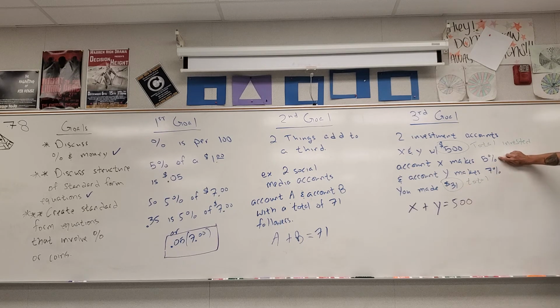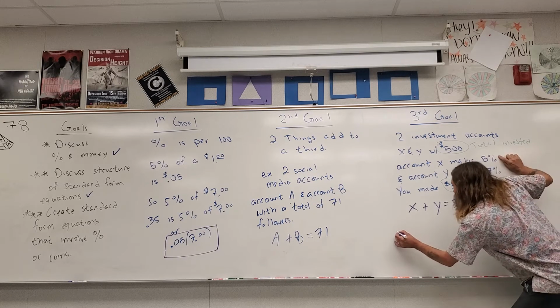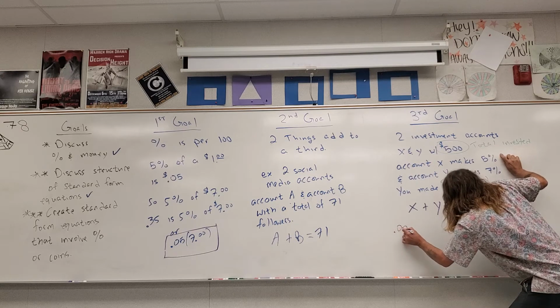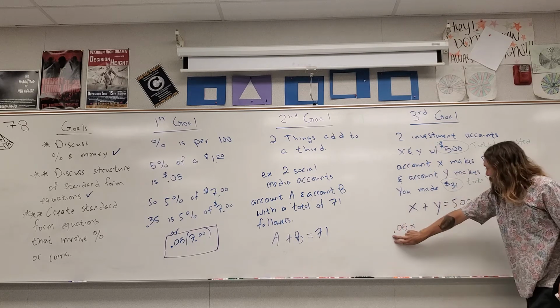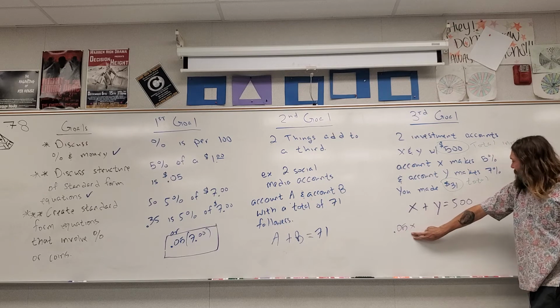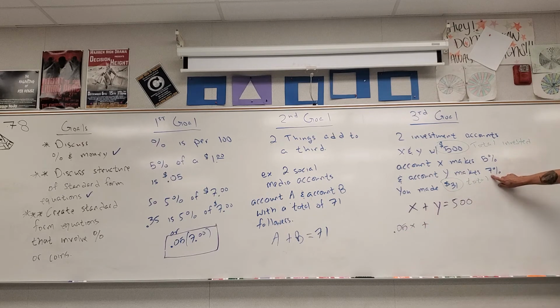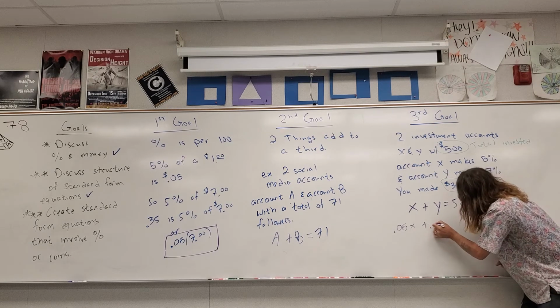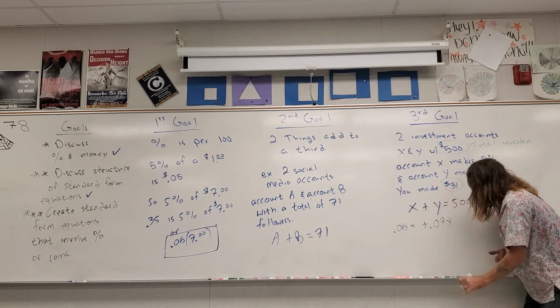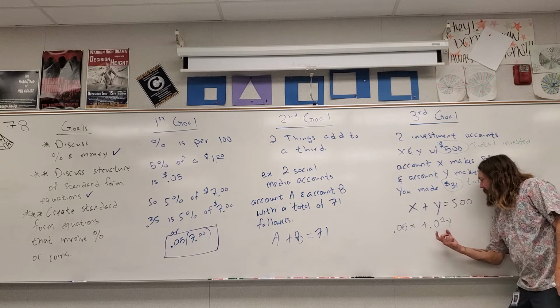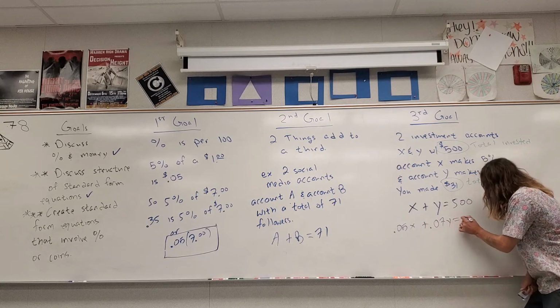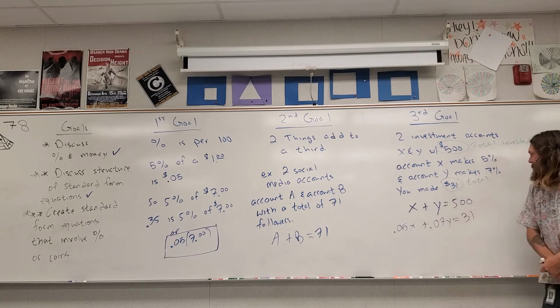So the way that I'm going to write the amount that I'm making in account X is going to be the following: 0.05x. This is the amount I'm making in account X at 5%, plus 0.07y. This is how much I'm making in my account Y at 7%, and together in total, I've made $31.